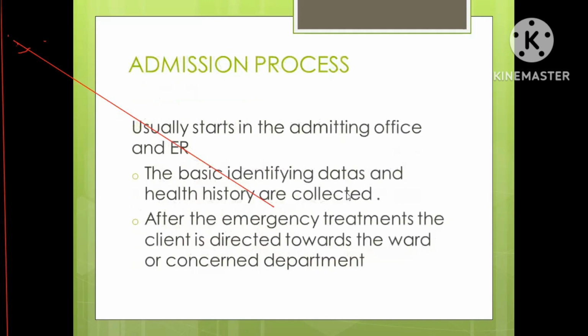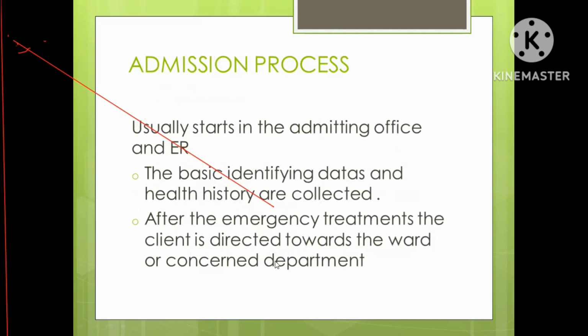So after the emergency treatment, the clients will be directed towards the ward or the concerned department. In the emergency department or casualty, the patient will come and there we will collect some information regarding the health, the disease and the family history.